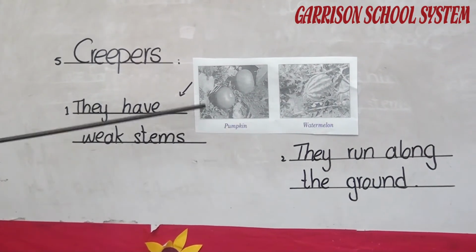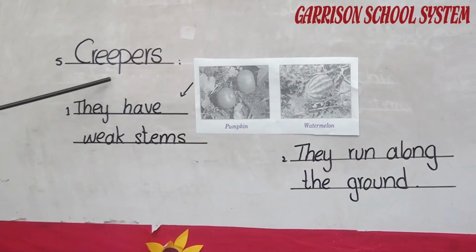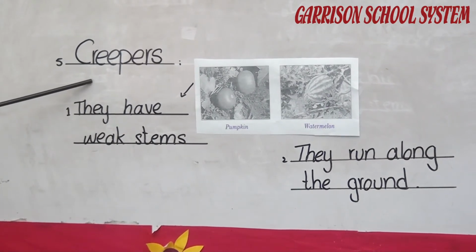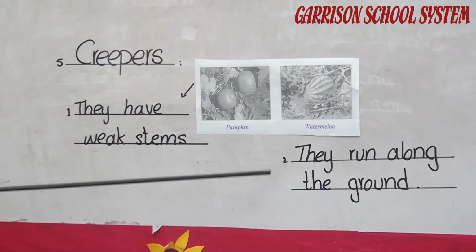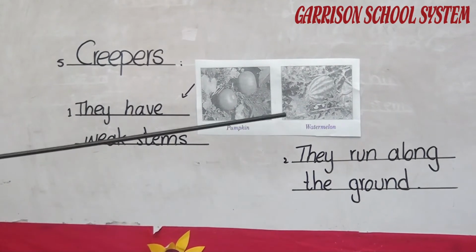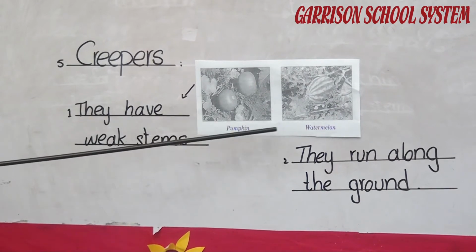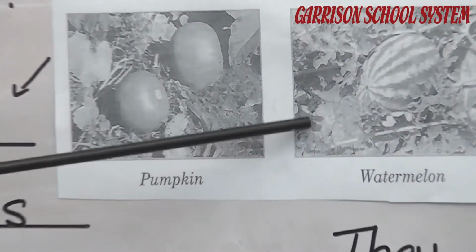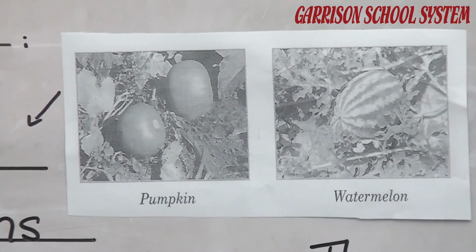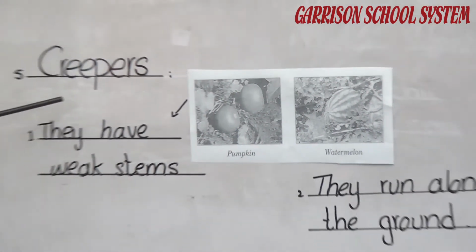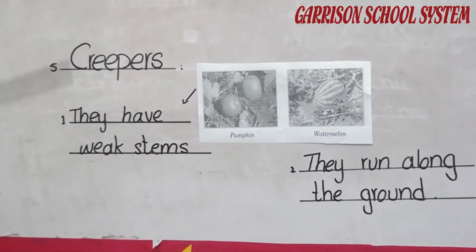Their stems cannot stand. That's why these plants are called creepers, because their stems always remain along the ground. You can see here in this picture, pumpkin is heavy. Watermelon is also heavy. So their fruits also remain on the ground.